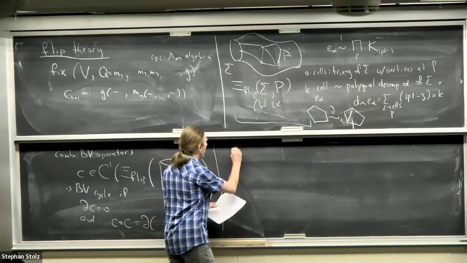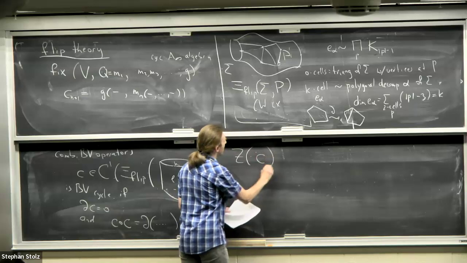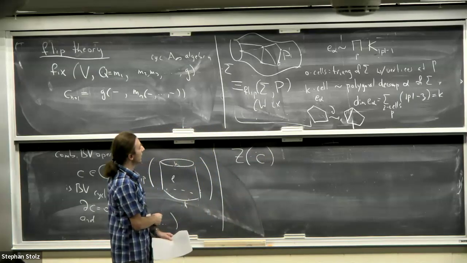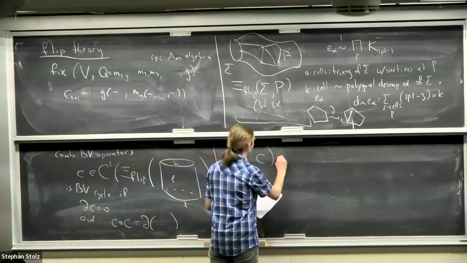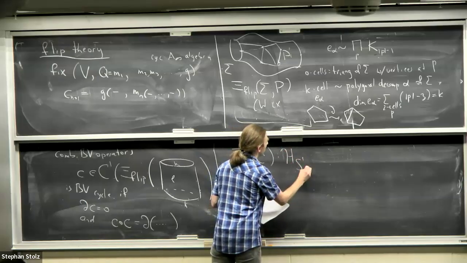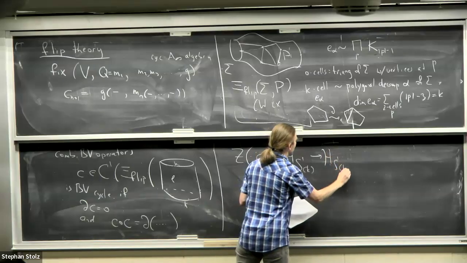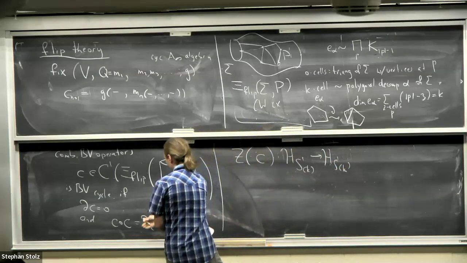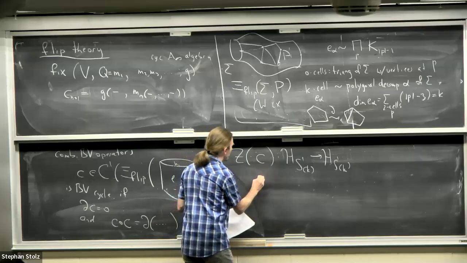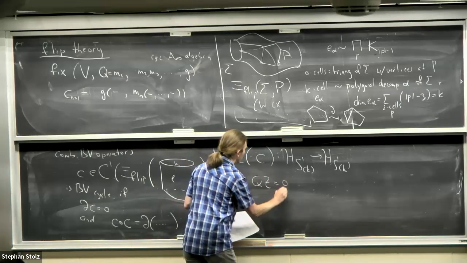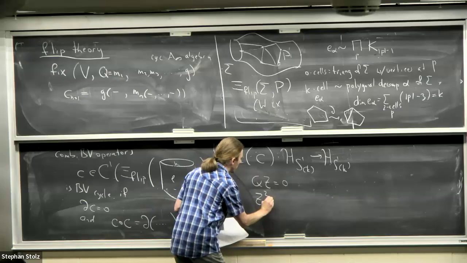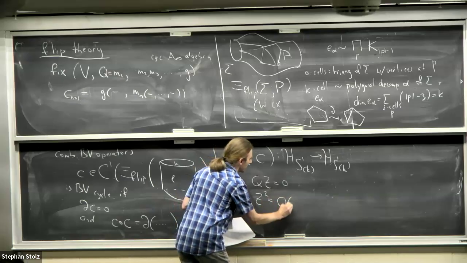Now, if I evaluate my theory on that cycle, that is some operator from the space of states for a circle triangulated into k intervals to itself. What this equation means is that, first of all, this operator is Q-closed, and secondly, its square is Q-exact.